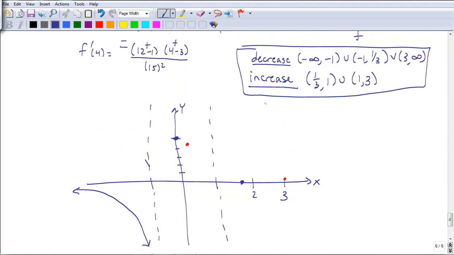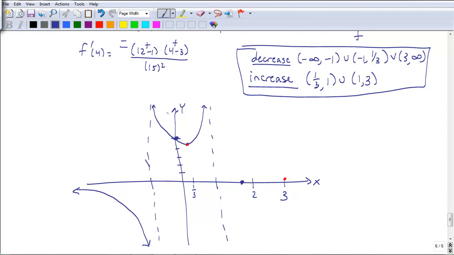Now in the middle it decreases from negative 1 to 1/3, but I have to hit these points. So there I am decreasing from negative 1 to 1/3. But then from 1/3 to 1 I have to turn around and increase. Notice since I'm following these vertical asymptotes I have to go up or down.